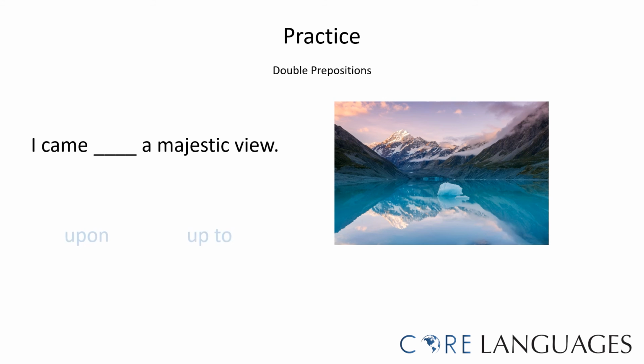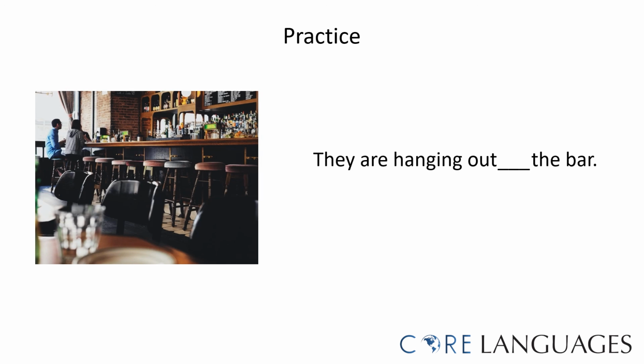I came upon a majestic view, or I came up to a majestic view. Excellent. I came upon a majestic view. And how about this example? They are hanging out to the bar or at the bar. Excellent. They are hanging out at the bar.